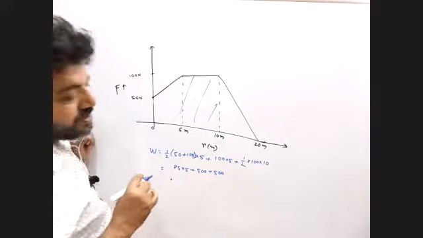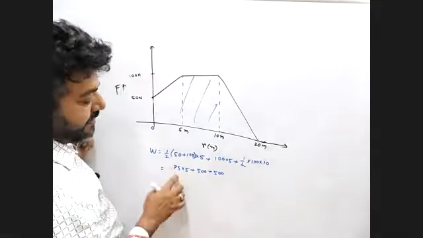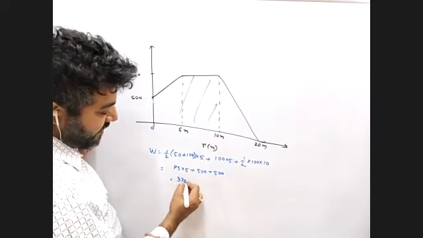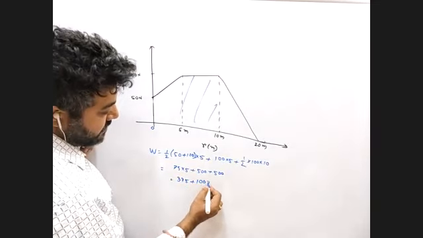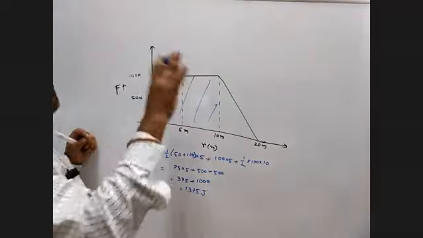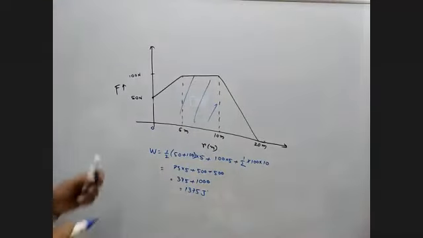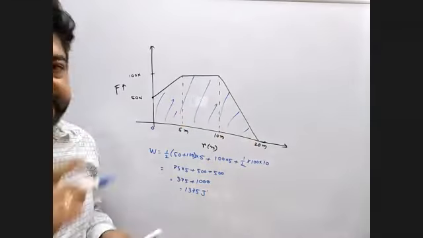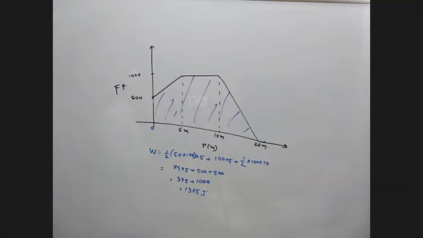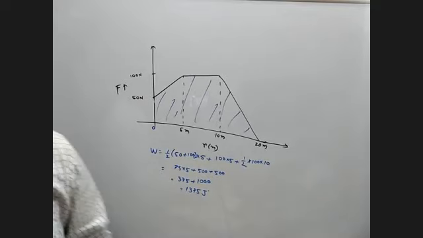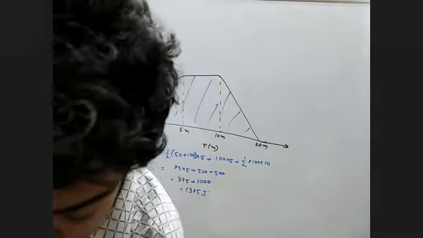So 75, 75 is 150, how much will it be? 75 150 375 plus 1000, that is 1375 joule. So this one is your work done. You can find out the work done by area under the curve. So these are the three ways by which you can find out the work done.